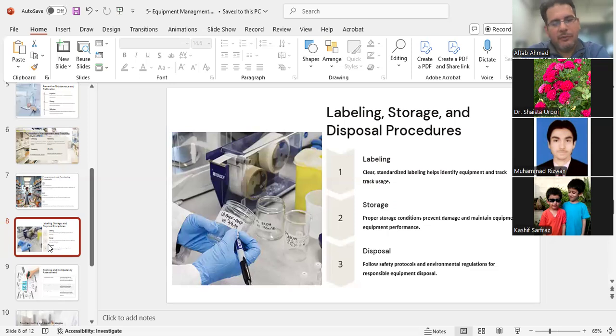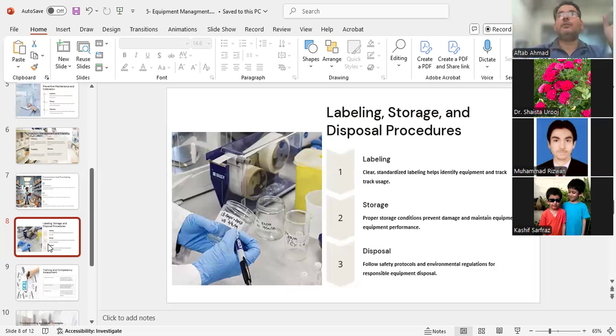Even on your laptop, you have seen that dust is always there, and dust is not very good for your equipment. It can damage the equipment. It goes inside the equipment and damages its performance. So this is what you have to see in Pakistan.